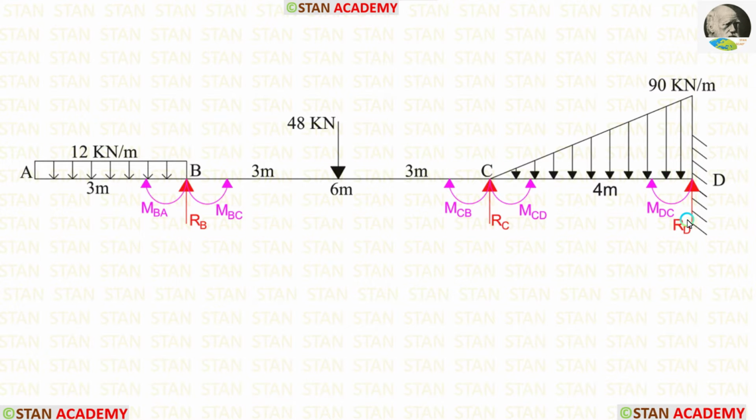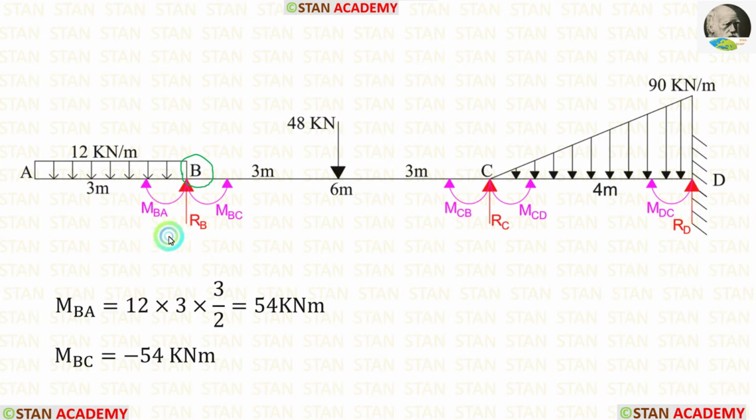In the fixed support, there will be a moment. In the point D, there is a fixed support. Here, we have the moment MDC. So, totally, we have to find 5 moments. Also, we have to calculate 3 reactions RB, RC and RD.